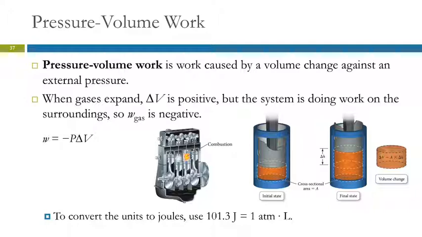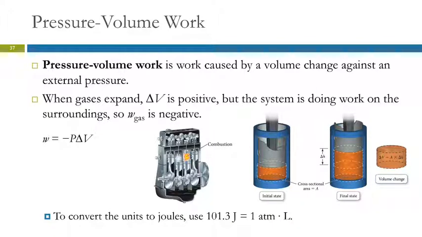So if we have units of atmospheres for pressure and measure the change in volume in liters, we would end up with a unit here of atmospheres times liters, which is a unit of energy, but it's kind of a weird looking one. So we have this relationship between joules and atmosphere liters. So 101.3 joules is equal to 1 atmosphere liter.